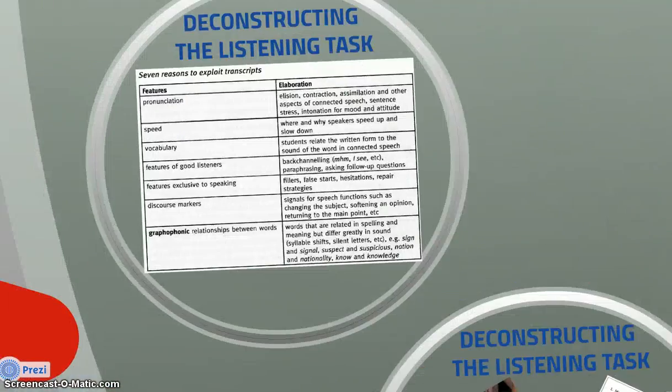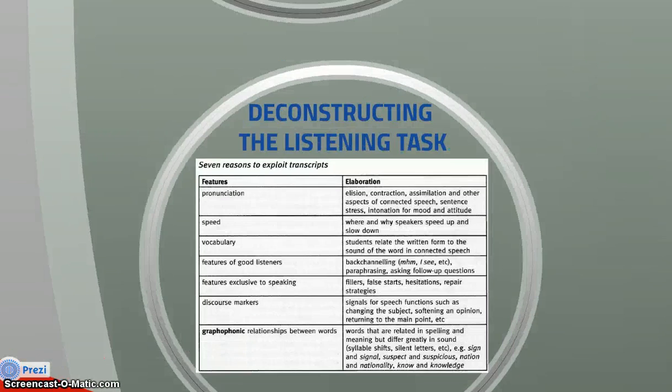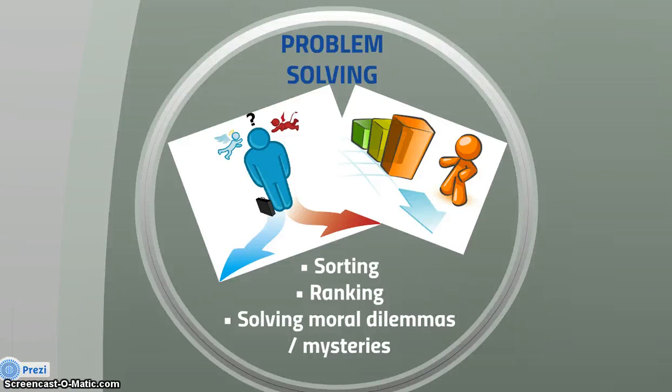Those are really useful in this stage. Also try to analyze different aspects such as pronunciation, speed, vocabulary, features of good listeners, features exclusive to speakers, discourse markers. By analyzing them, then you can identify where the problems are.